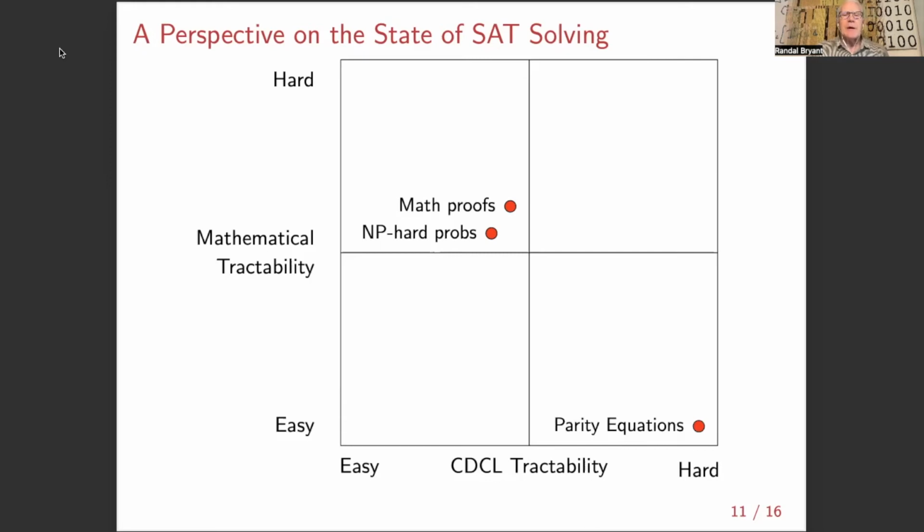My parity problem, on the other hand, is not an interesting mathematical problem. It's patently false that some set of variables has both even and odd parity. But it's hugely intractable for CDCL. And so what we've done with BDDs is help fill in that lower right quadrant and create a way we can produce checkable proofs of problems for which CDCL doesn't do well, but for which its proof frameworks are totally adequate.